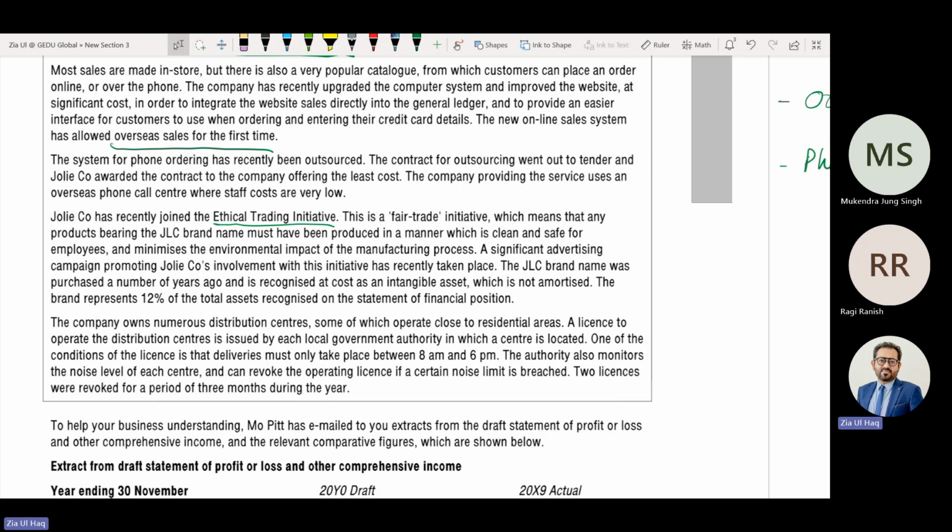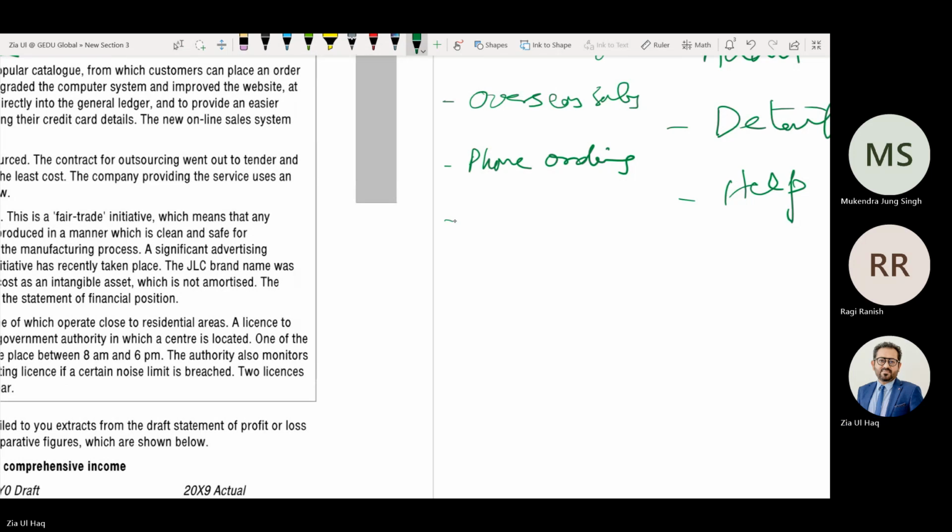A significant advertising campaign promoting Jolly Company's involvement with this initiative has recently taken place. They have advertised that from now onward, we are moving towards the ethical trade initiative.